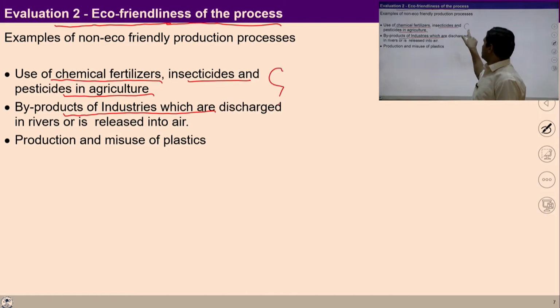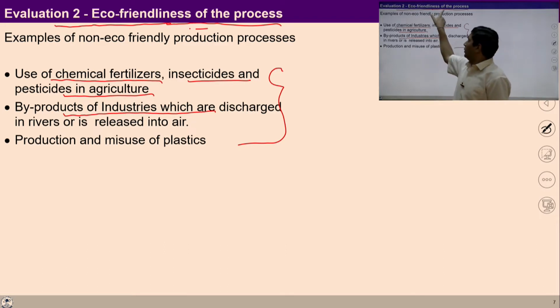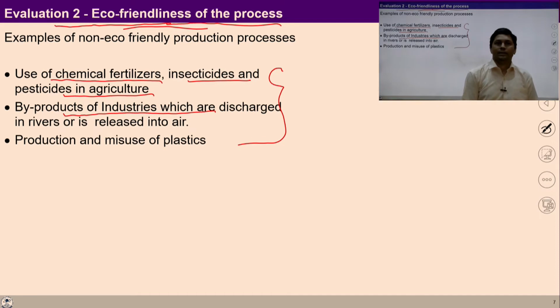Such kind of processes are used in the present industrial systems. If the processes are not eco-friendly, then they should be stopped, because ultimately all of us want a harmonious society.